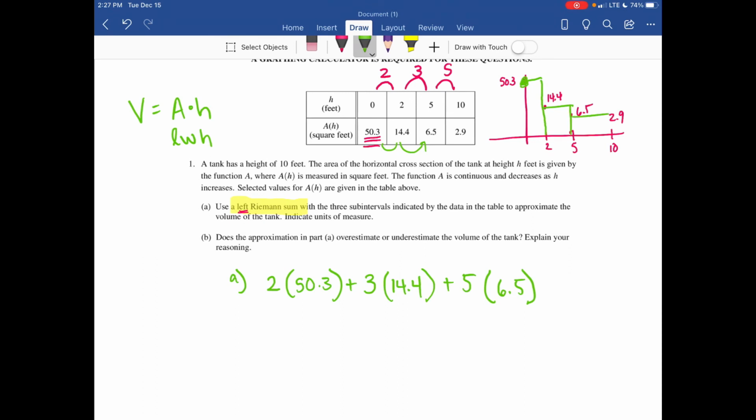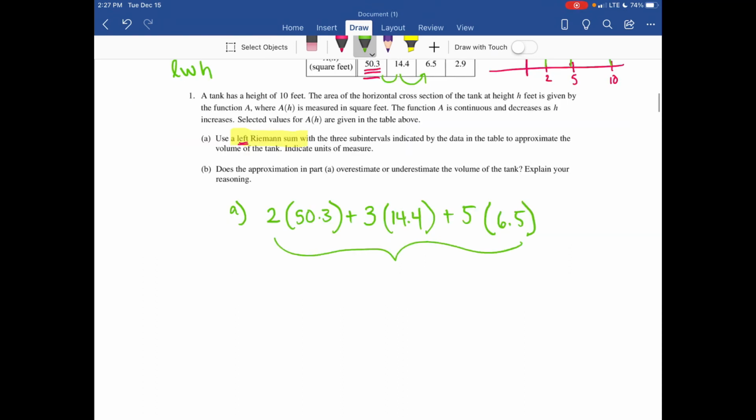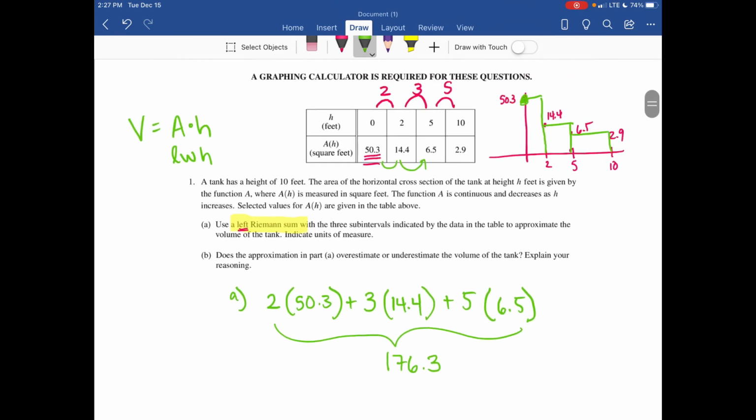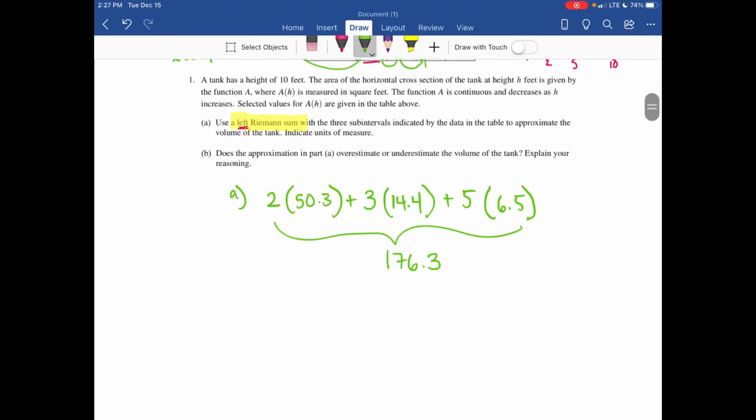And we can see it even if we sketched it like so. This cleans up to give us 176.3, and since we were taking square feet times feet, that's cubic feet.